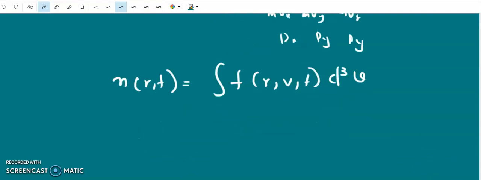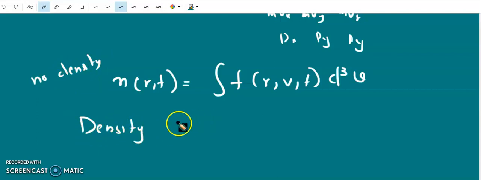Once the number density is known, you can find out the mass density also. The density, if you represent it by rho, rho of r, t is this number density multiplied by the mass of a single particle.